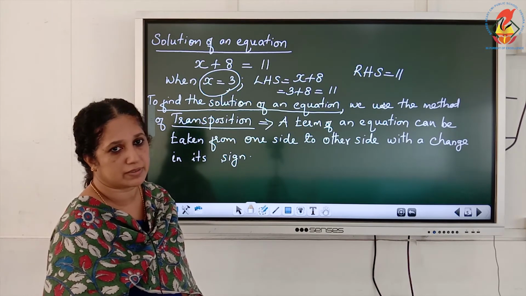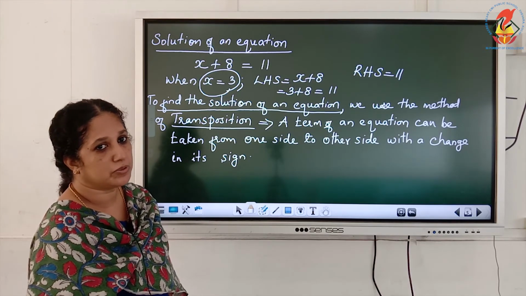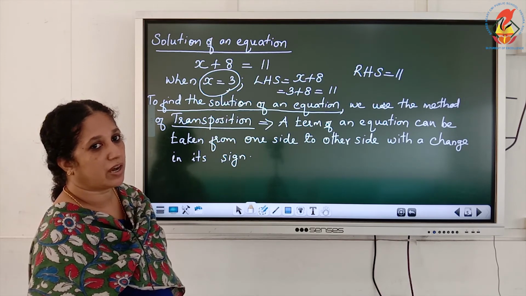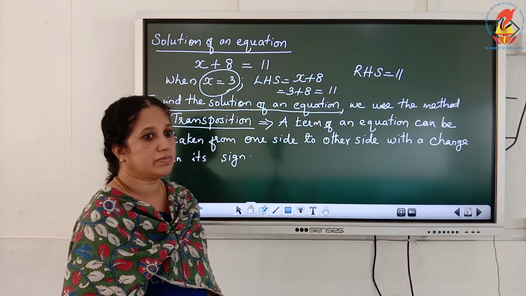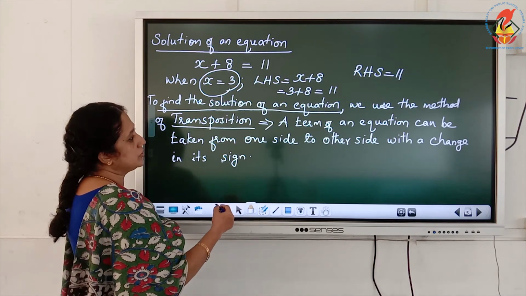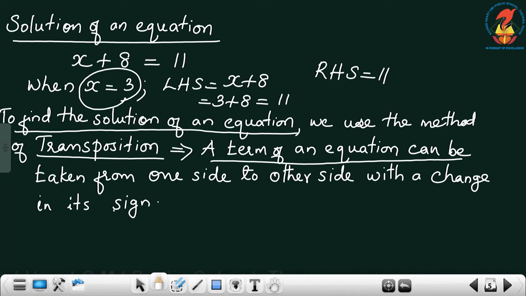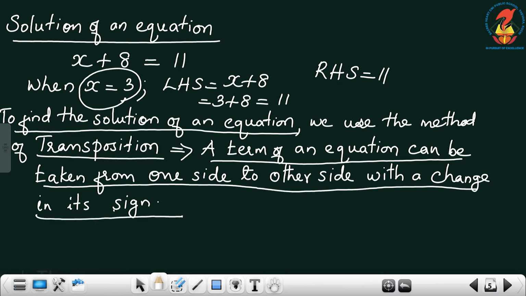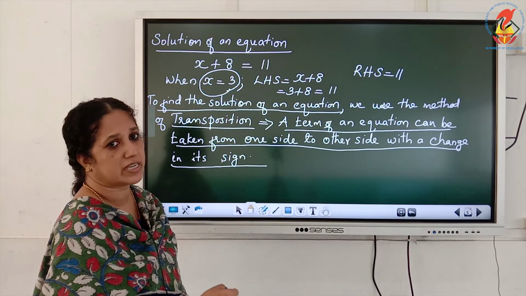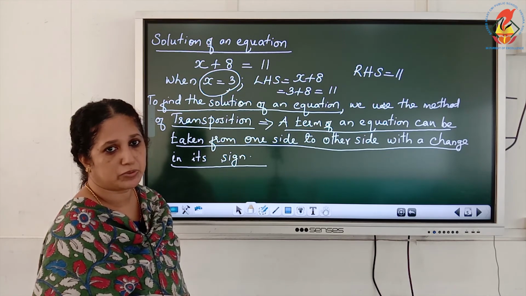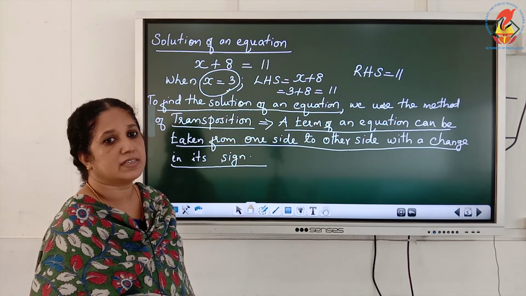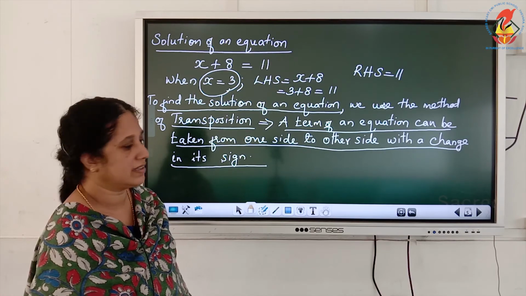Last year you learned, we have to move one term from left hand side to right hand side. So a term of an equation can be taken from one side to the other side with a change in its sign. While moving it from left hand side to right hand side, the term will change its sign.